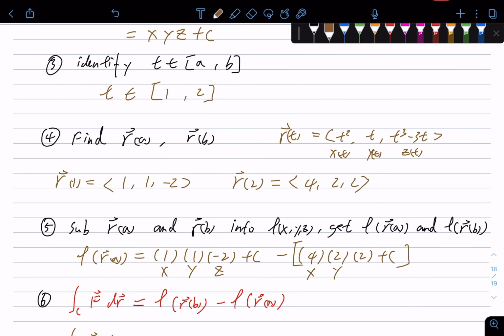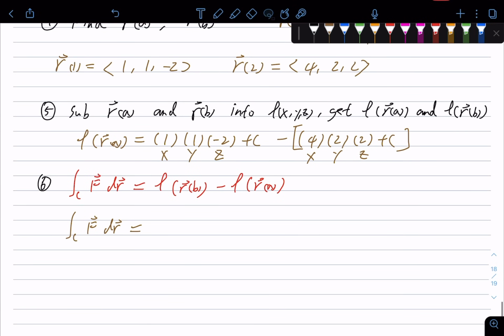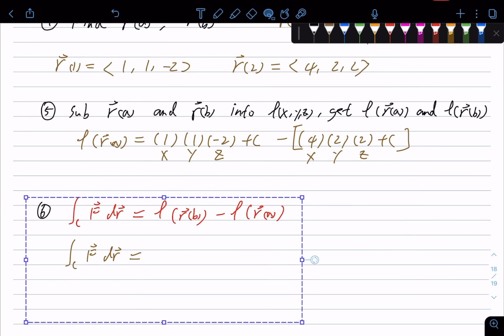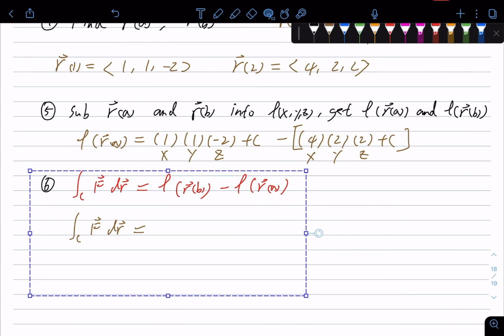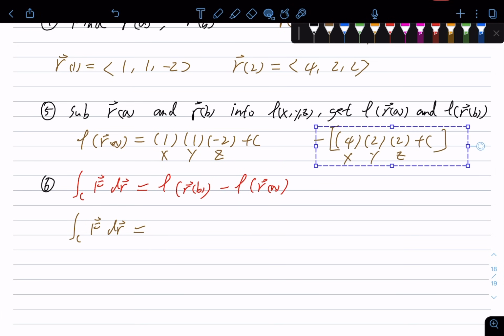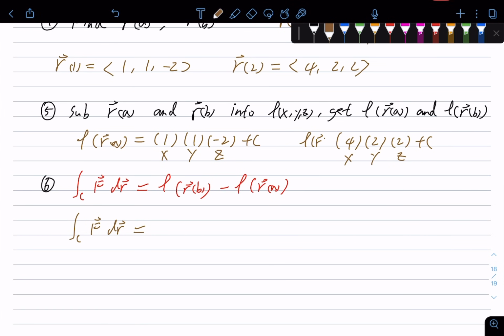Sorry, never mind, this is psi of r(b). Making a lot of mistakes here, but I hope you are following my process.